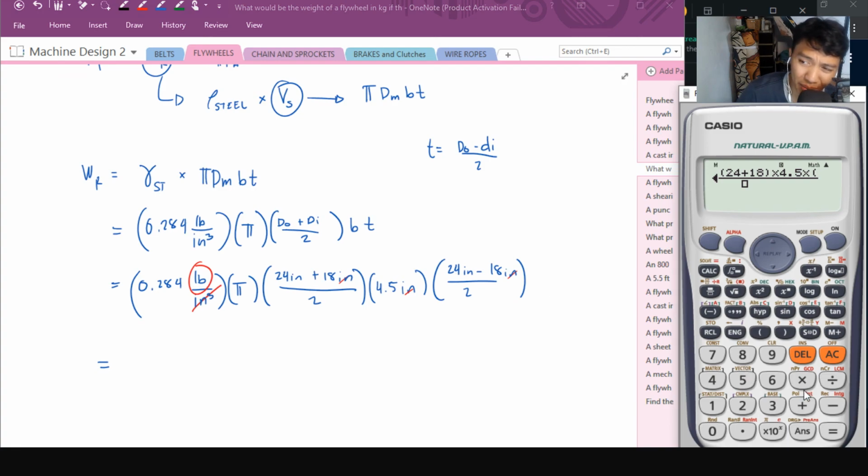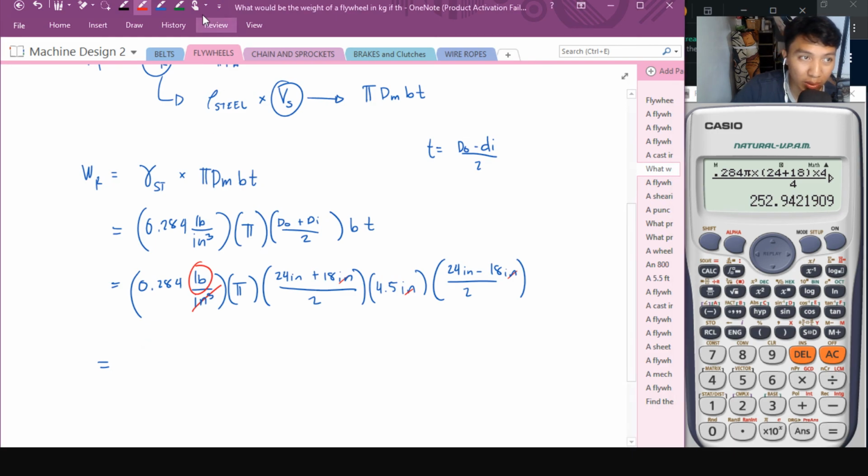Divide by 2 and 2, that is 4. So, the answer will be 252.94 pounds. That is the weight of the rim only.